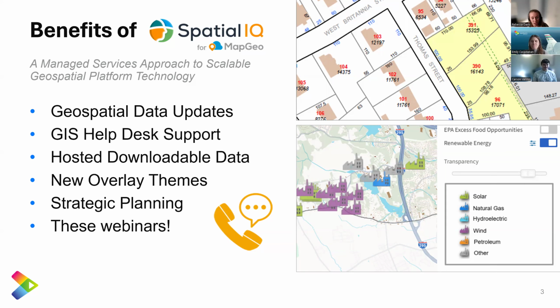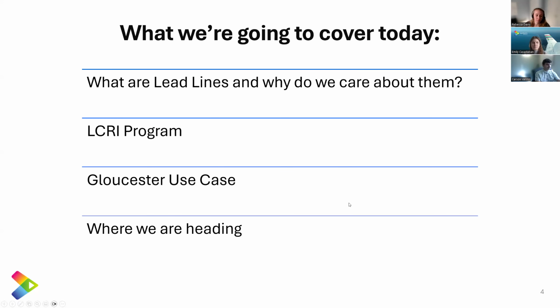We also provide an annual strategic planning meeting session with folks in the town. Typically, we like to include all of the departments within the town to hear their needs, talk about GIS, see where there might be some gaps, and help fill those needs. And these webinars are also part of that series. We have a very large library that has been built up over the years that can be found on our YouTube channel as well as Sanborn's main website.